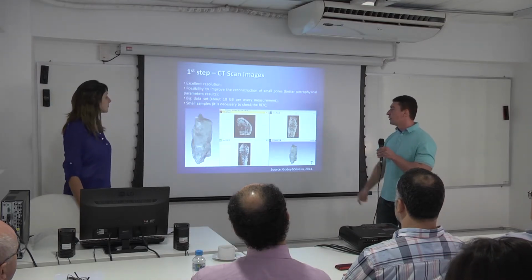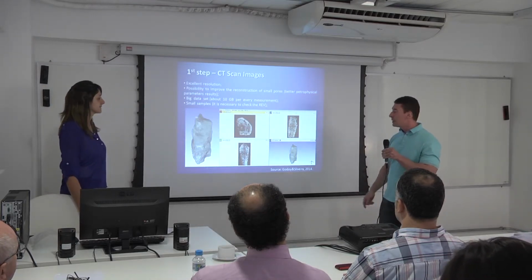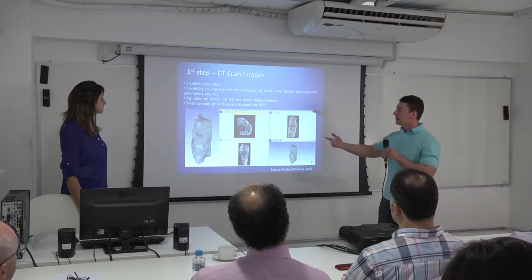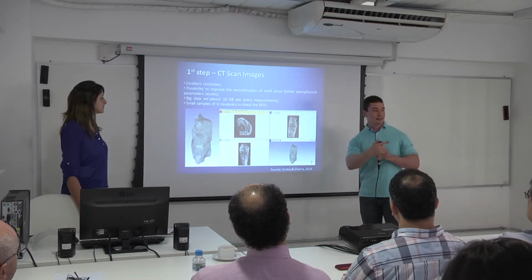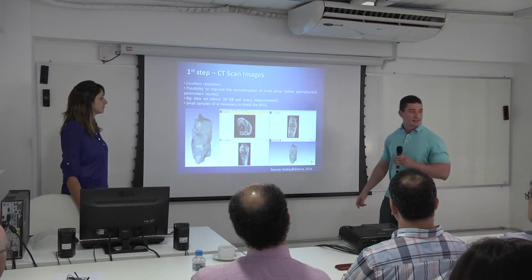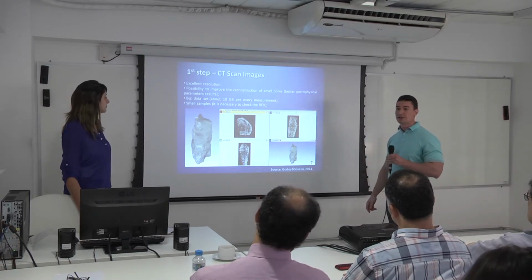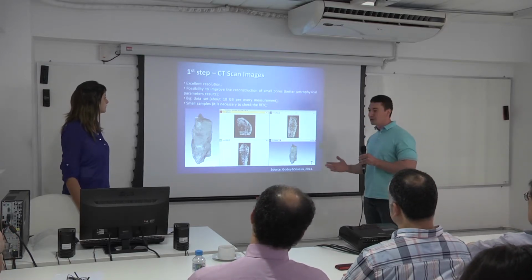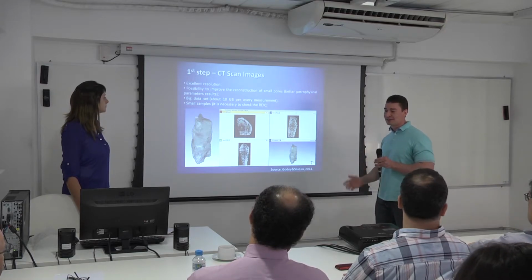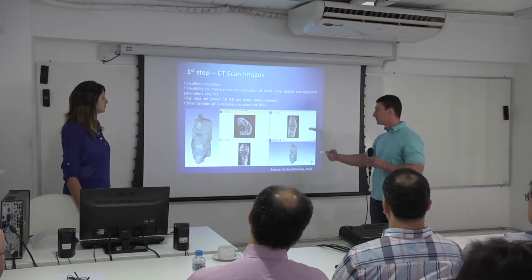And we also reconstruct it in Simpleware. But as you can see, it's a sample of 1.5 inch, and there we have a sample of 20 centimeters. So it's very different. You can choose, but it depends on a lot of factors.